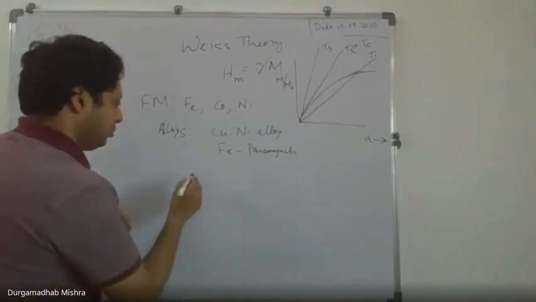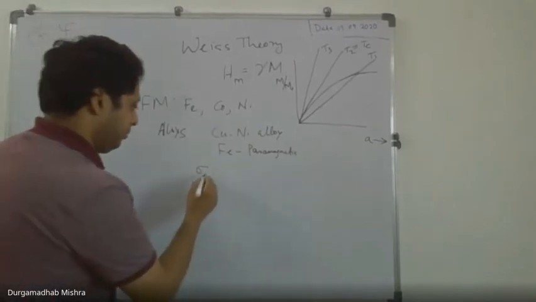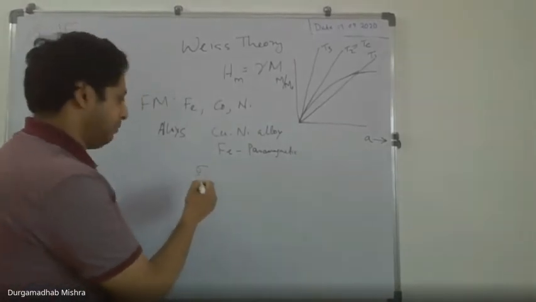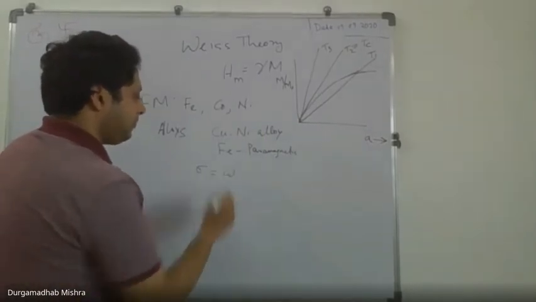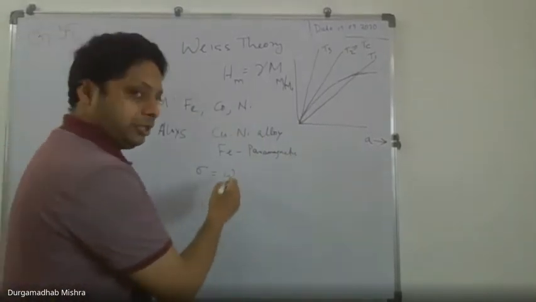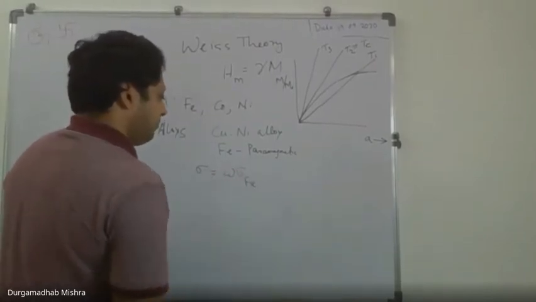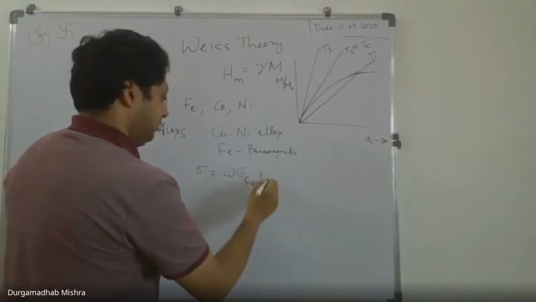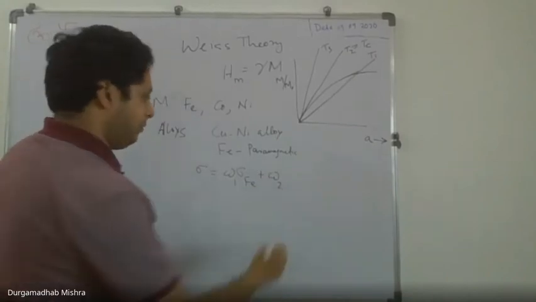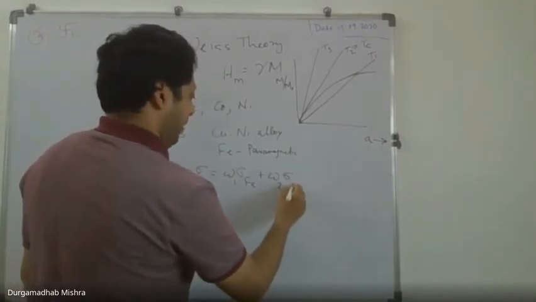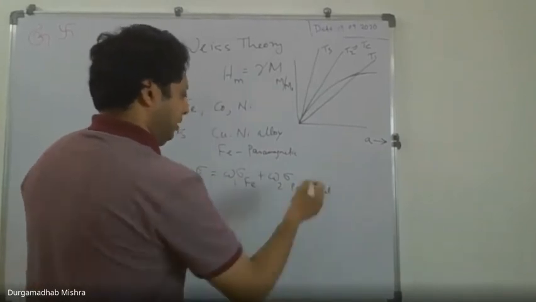One thing is, let's say you want to measure the saturation specific magnetization, sigma. Let's say you take a certain weight percent of iron and a certain weight percent of your paramagnet, or any material for that.